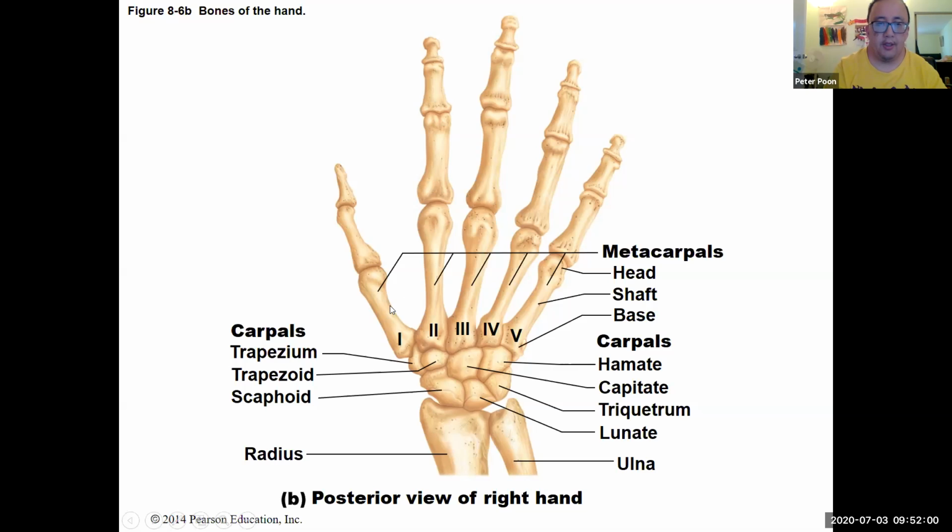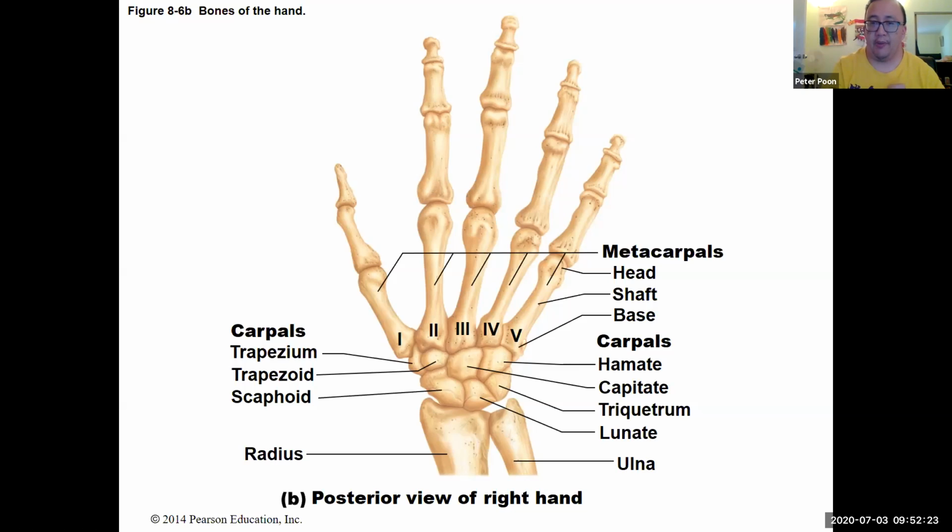So 1, 2, 3, 4, 5. Notice that these are actually written in Roman numerals. If you don't know the Roman numerals, learn them, at least to 12, because there are 12 cranial nerves.